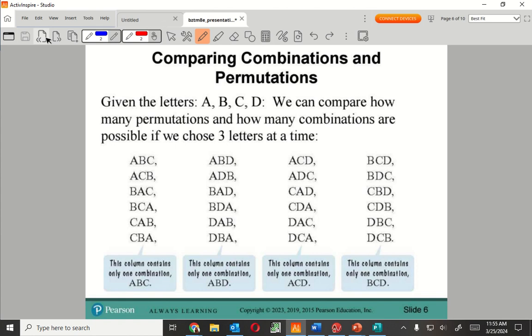I have 4 letters. My permutation, and how many am I choosing? 3. 24.